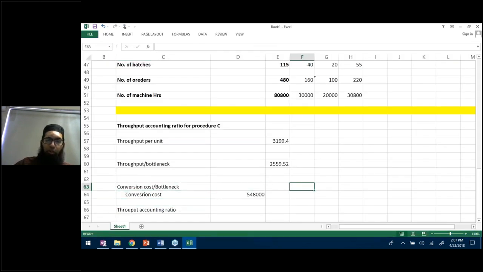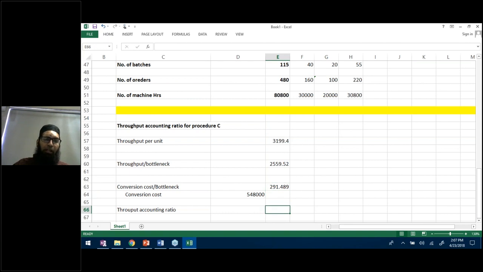So my conversion cost per bottleneck will be equal the total conversion cost divided by the per annum surgeon hours available, which are 1880. Right? So this will be the conversion cost per bottleneck.